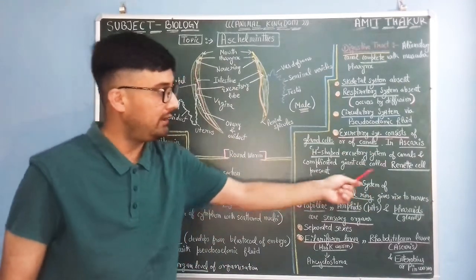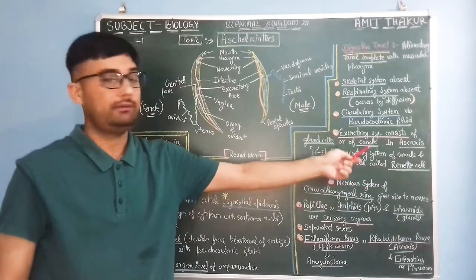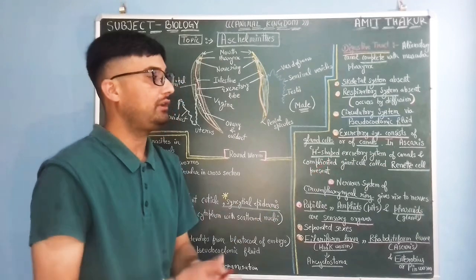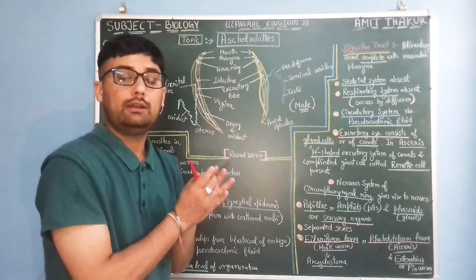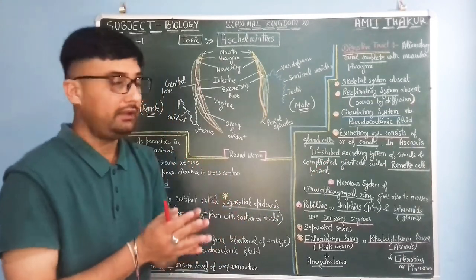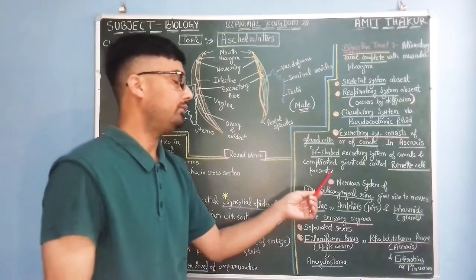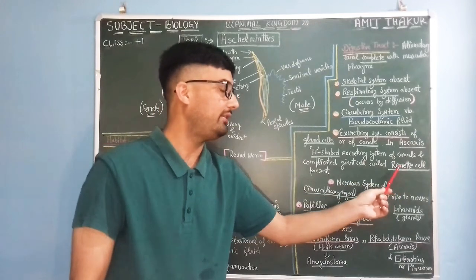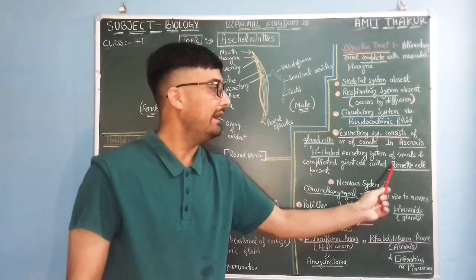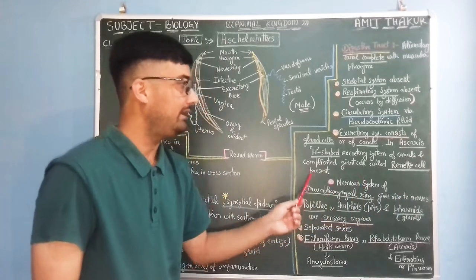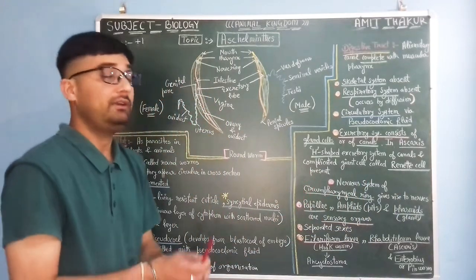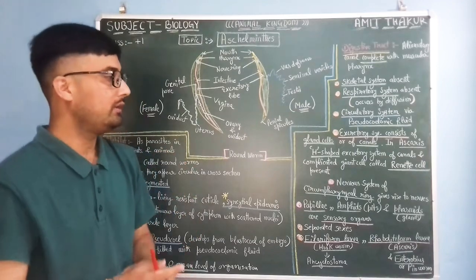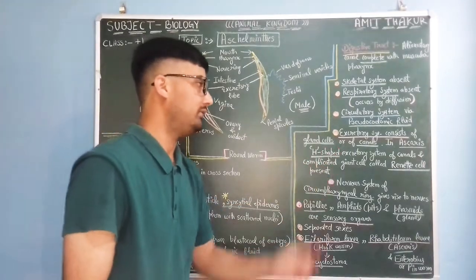On this whole point, at least two questions can be made for competitive examinations. In Ascaris, an H-shaped excretory system of canals is present and is very complicated, made of giant cells known as renette cells. So renette cells are present in Ascaris, having a complicated excretory system, and it is H-shaped.